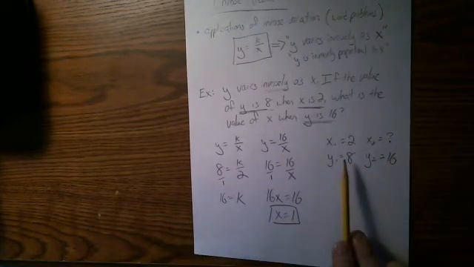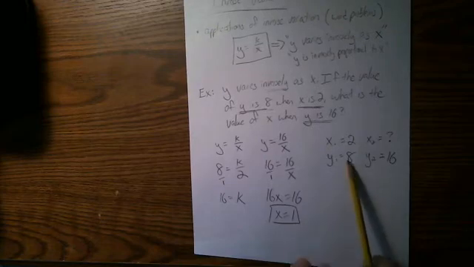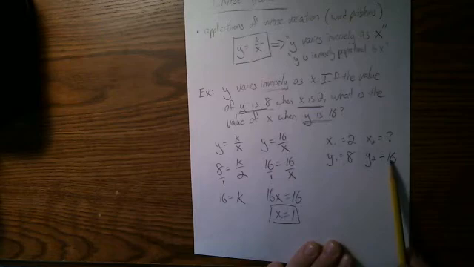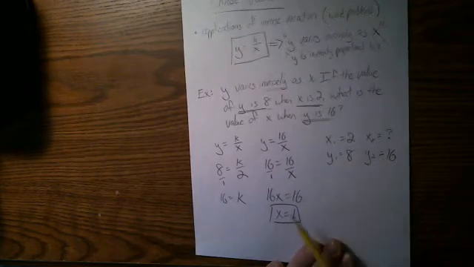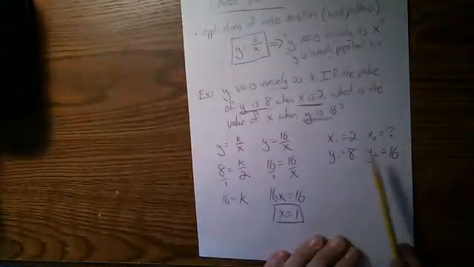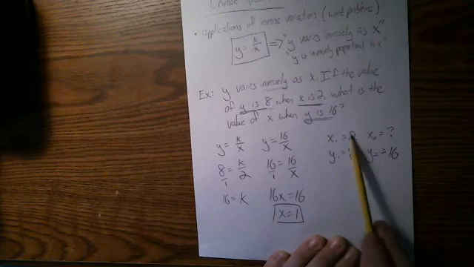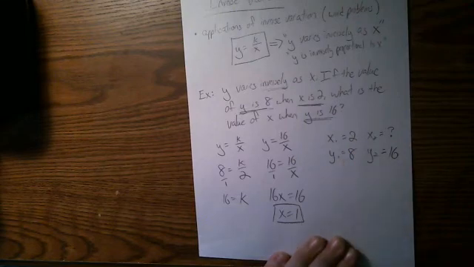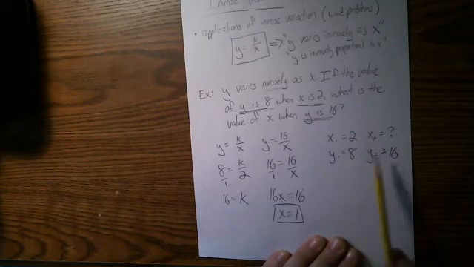Now we are given two y values. We went from 8 to 16, which means we multiplied by 2. So what do we do with our x term? We divide by 2. We work with the inverse operation. Instead of multiplying my x terms, I multiplied my y terms, so I work with the inverse operation on my x terms.